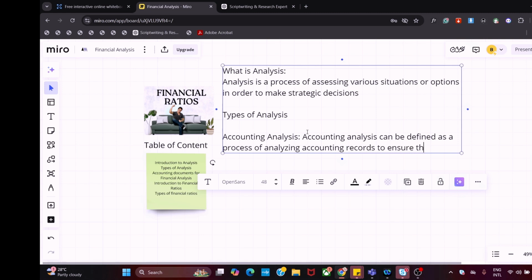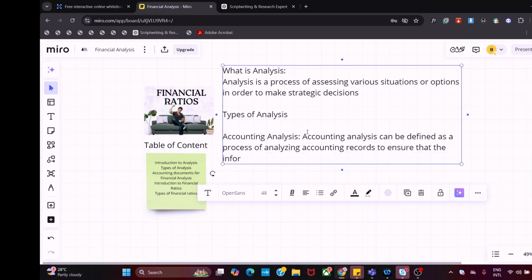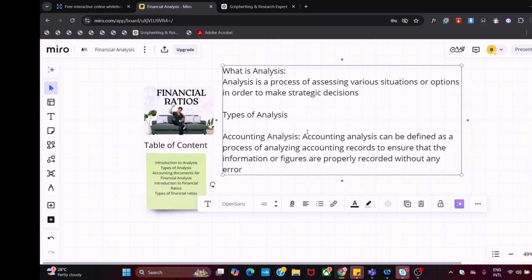to ensure that the information or figures are properly recorded without any error, and that they follow the accounting concepts and conventions.